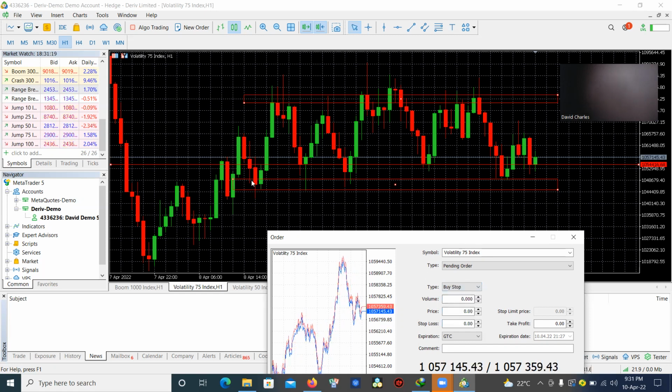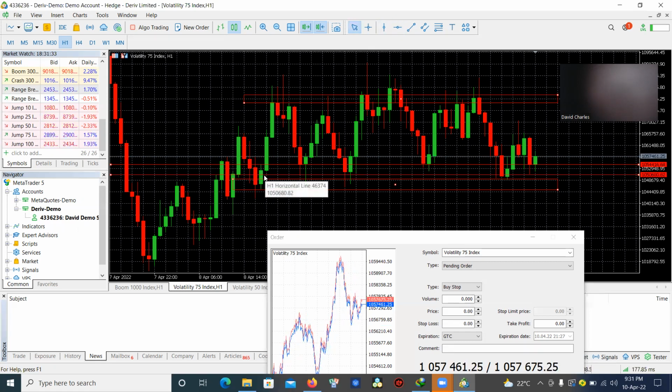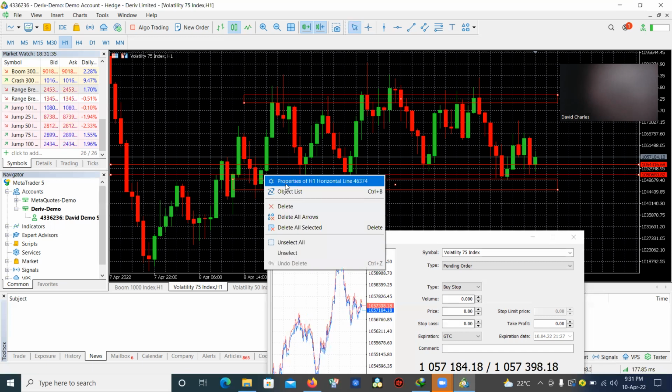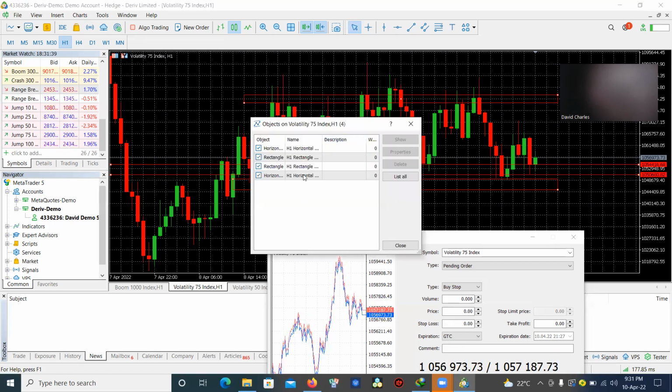The buy stop now would be where it is continuing. You set your buy stop here on this level or this price. Let me highlight it here. Let me try and change the color so that it doesn't look all the same.